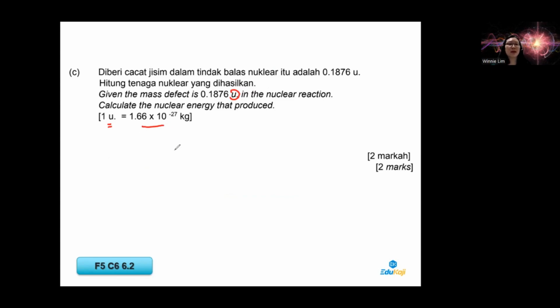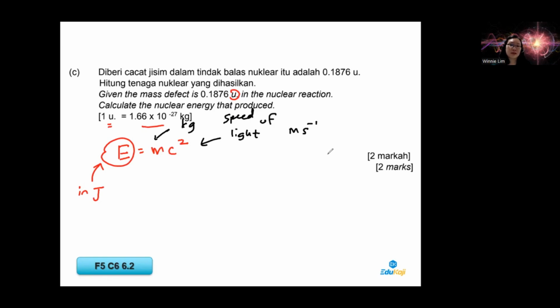Okay, so to calculate the energy, you're going to use the formula E equals mc squared. But when you use this equation, the unit for energy is actually in joule. If it is in joule, that means your mass must be in kg, and your c, the speed of light, must also be in the unit of meter per second.